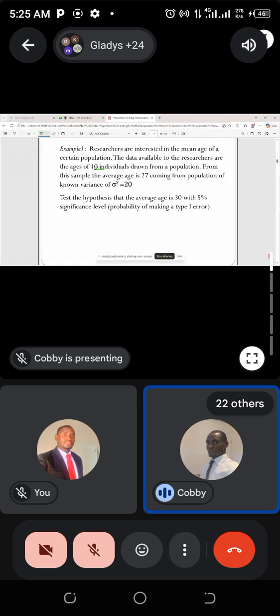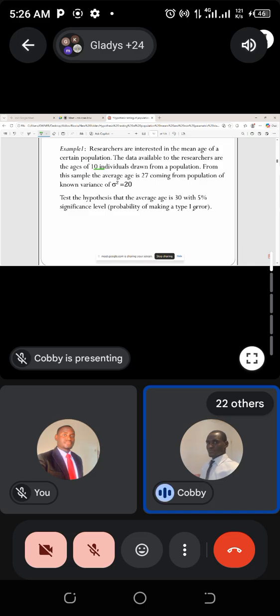So from this sample of 10 people, the average age is 27, of a known variance, which is 20. Then they say test the hypothesis that the average age is 30 with a 5% significance level, which is the probability of making type 1 error.